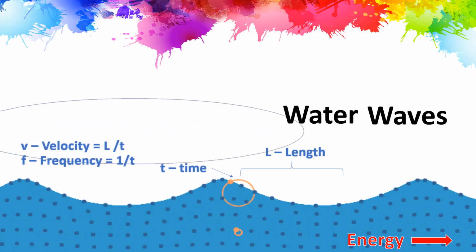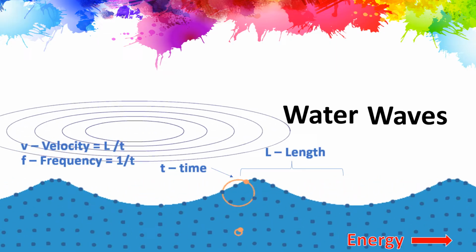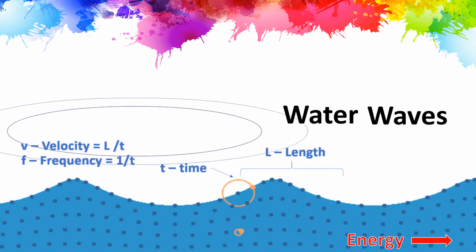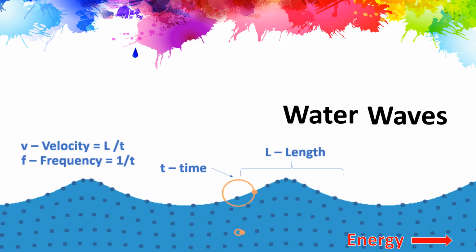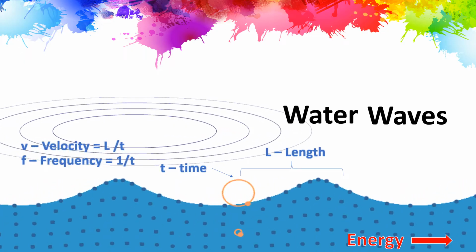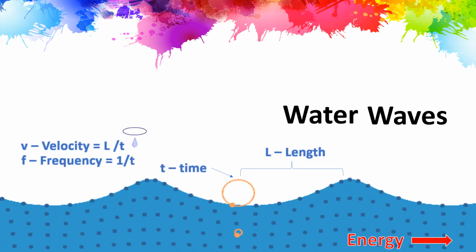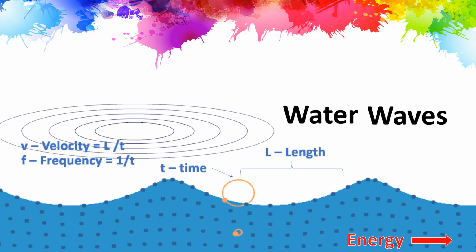These waves are moving from left hand side to right hand side, and the velocity of this movement is L over T. So this wave has a frequency and it has a velocity. Those are very important terms in a wave.